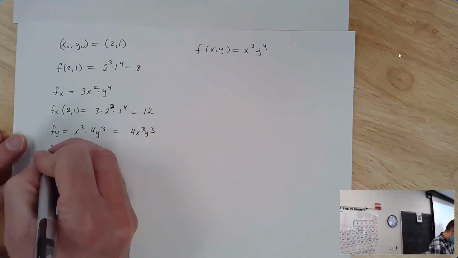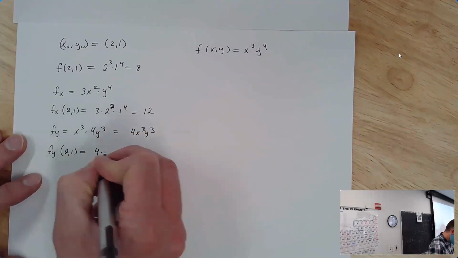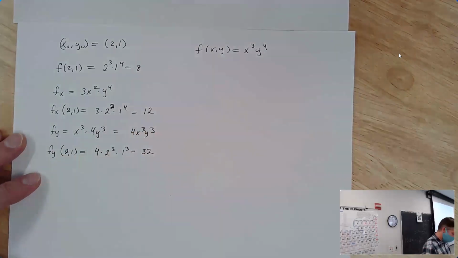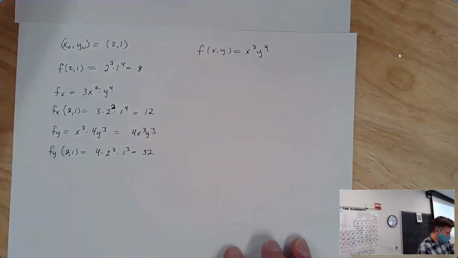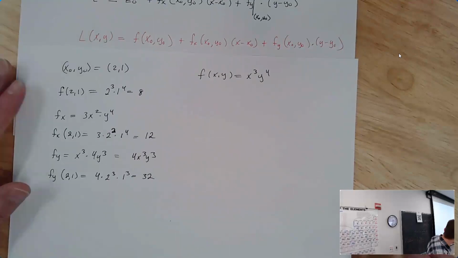And then evaluating that partial at 2, 1 is going to be 4 times 2 cubed times 1 cubed, which is 32. So then we have all the pieces we need to make the linearization happen.